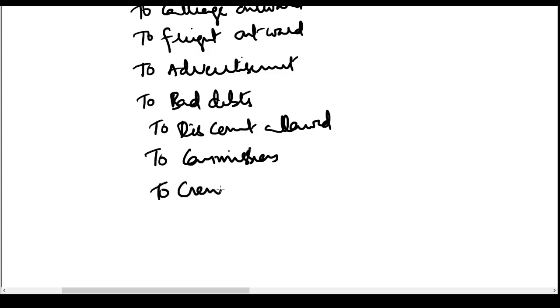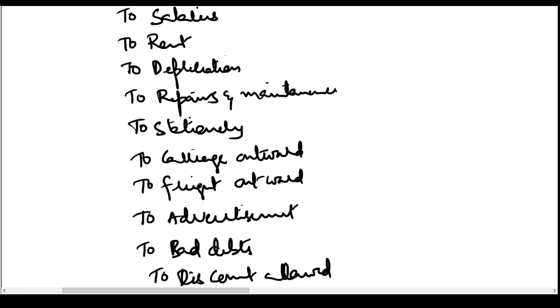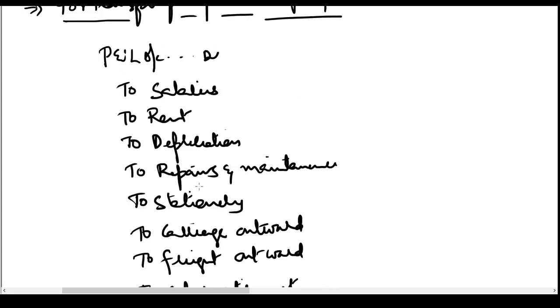To general expenses. So normally all the expenses are debited to the profit and loss account and closed. By passing this entry, these accounts will get closed and their balances will be transferred to the profit and loss account. So this is the entry we pass for closing of expenses accounts.